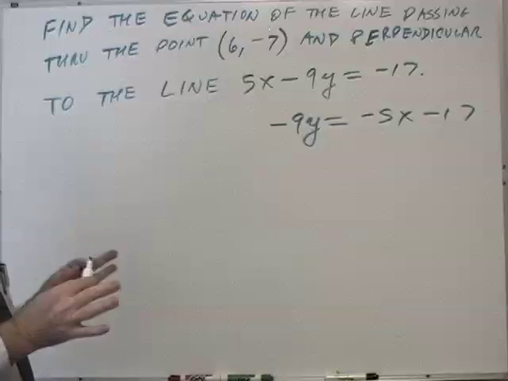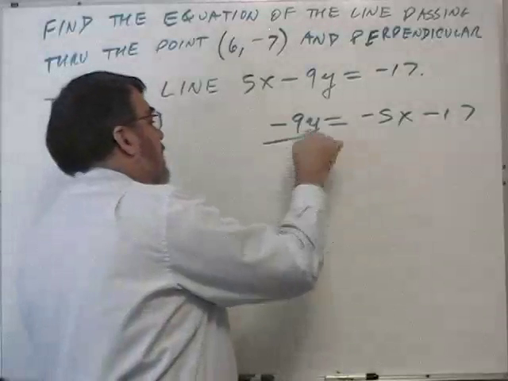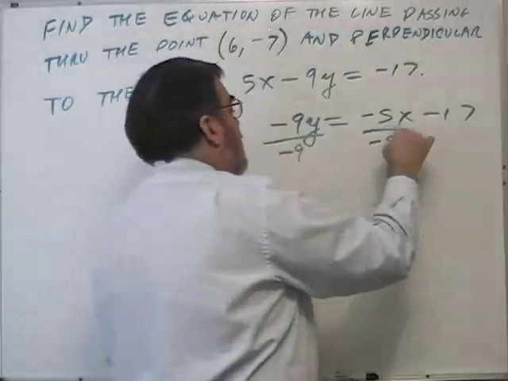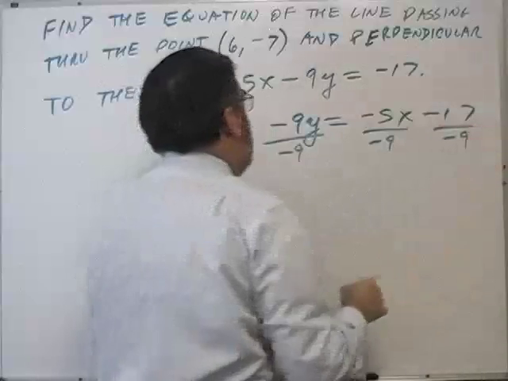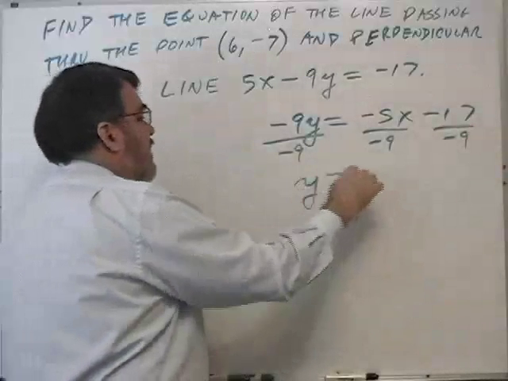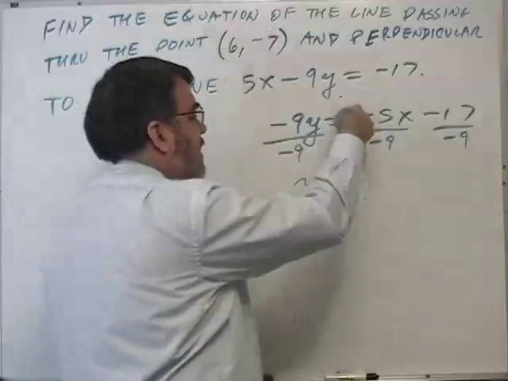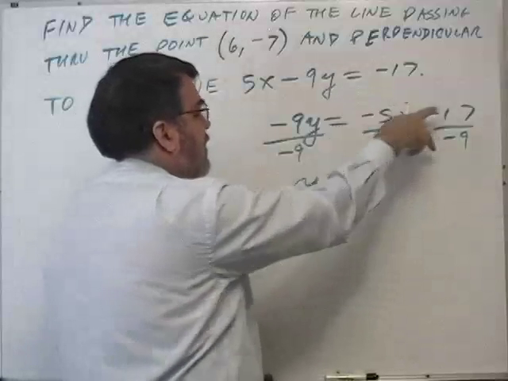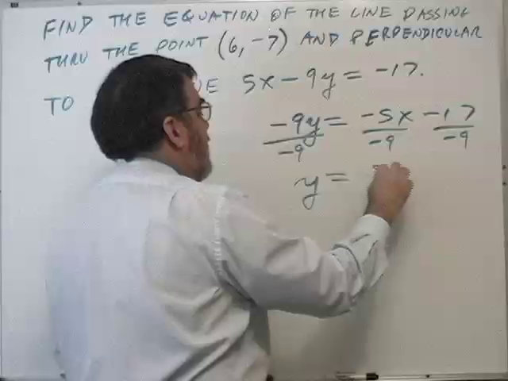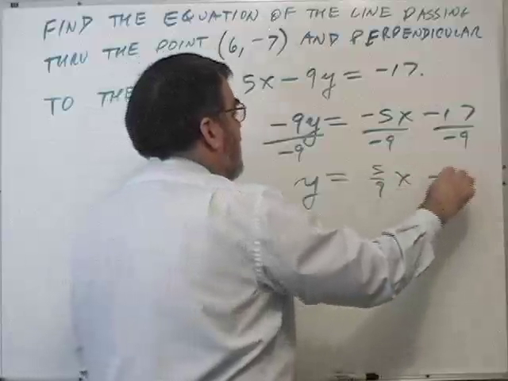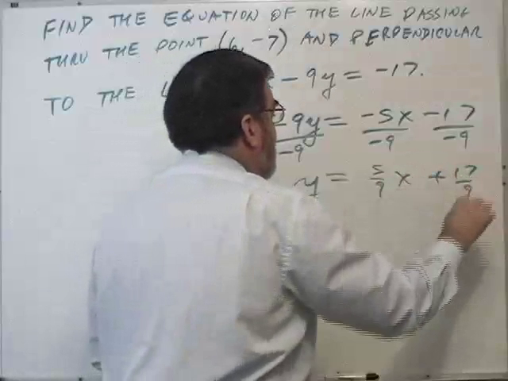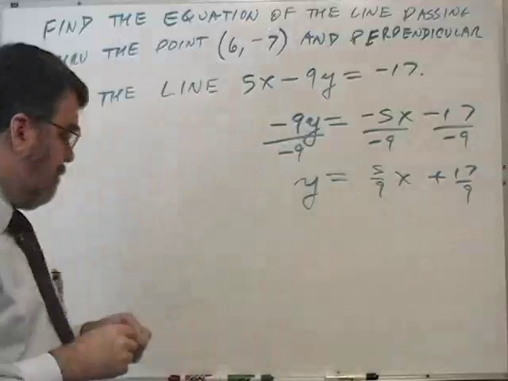And we have to solve for y, which means I need to divide each term by negative 9. And so this gives us y by itself is, and these two negatives cancel, those two negatives cancel. So I have positive 5/9 x plus 17/9.